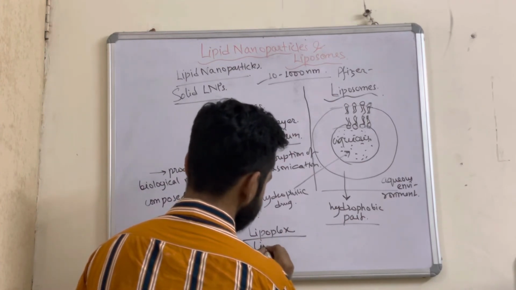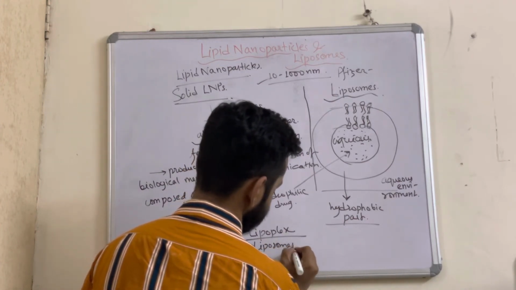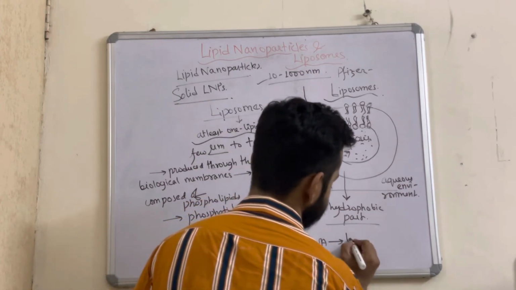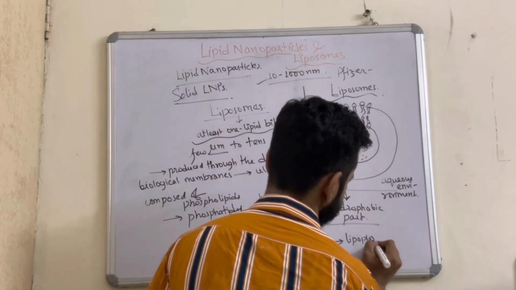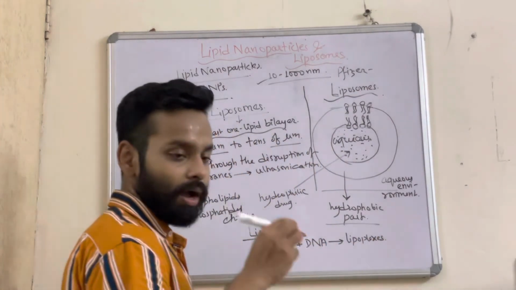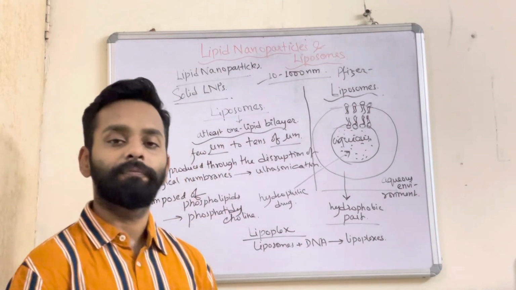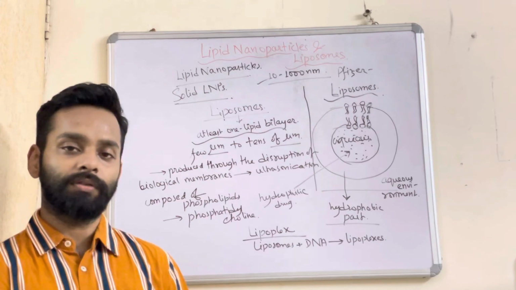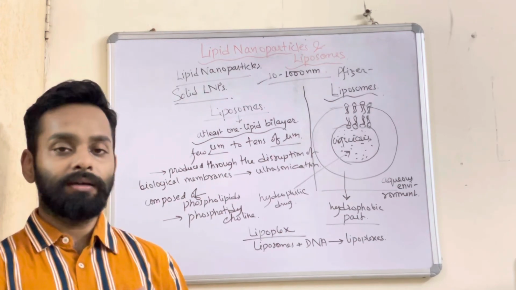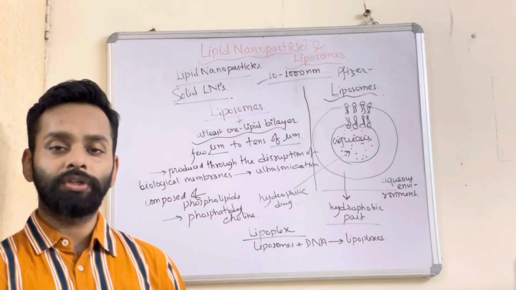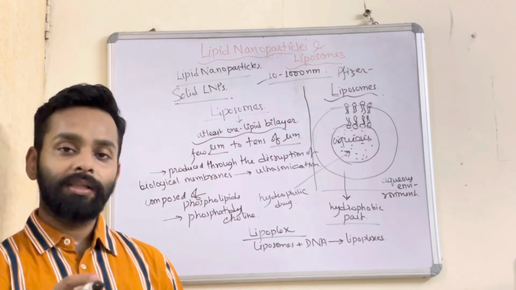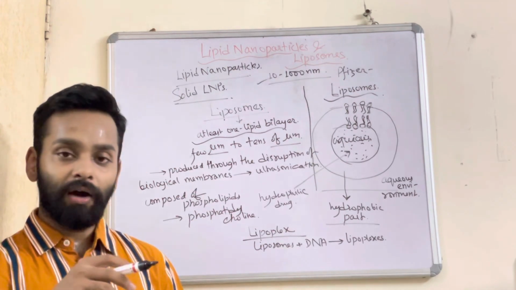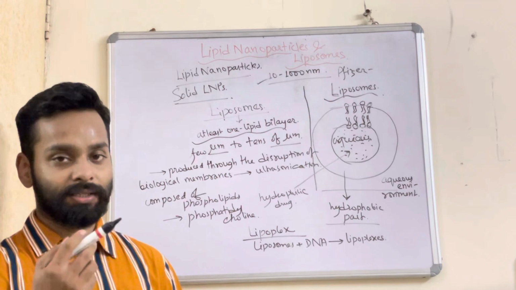So liposomes plus DNA will give us these lipoplexes. Now, unlike the entry of polymeric nanoparticles into cells, which takes place through endocytosis, these lipoplexes can enter the cells through membrane fusion or flip-flop processes, because the plasma membrane is also a lipid bilayer, and the outermost membranes of both structures are similar.